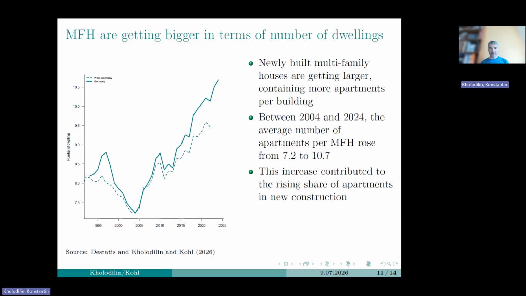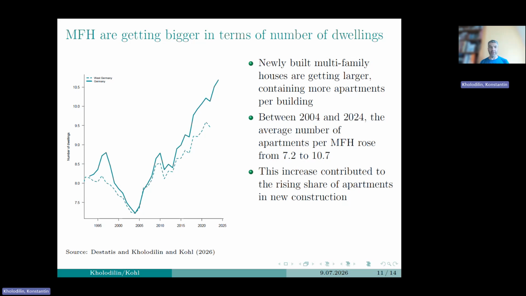Which means that over this period of time, we have bigger multifamily houses. So on average, we have more dwellings per house. These dwellings are smaller, and the proportion of these flats in the total housing construction has been increasing.